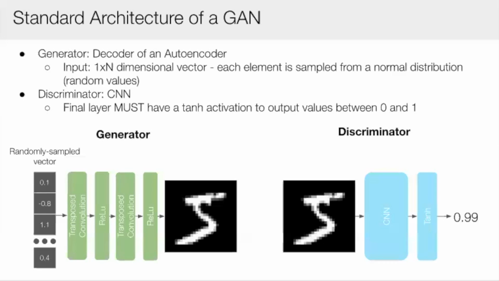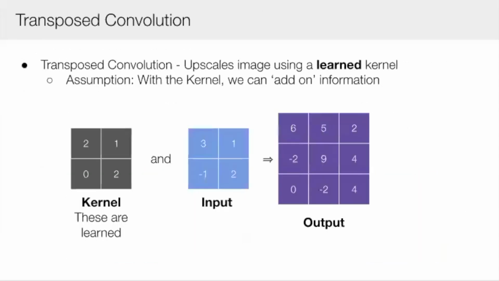So the generator is learning how to go from literally random numbers to an actual image. In reality, you could probably imagine there is some structure to sampling these numbers, but for now, that's the intuition: literally random numbers to an image. Okay, good question. Anything else?